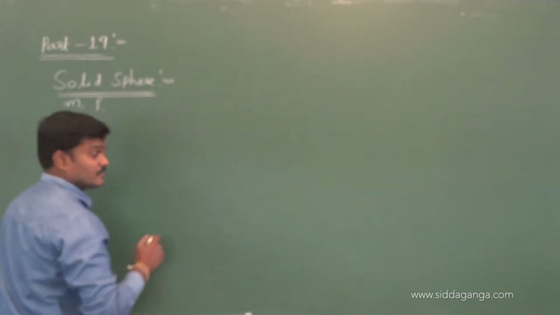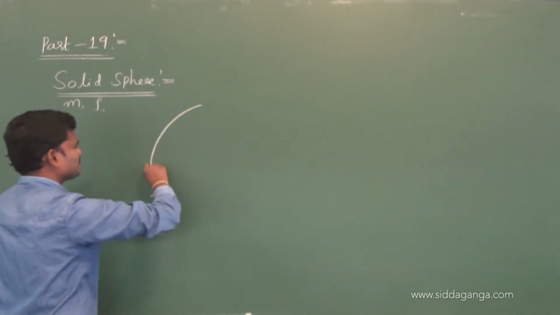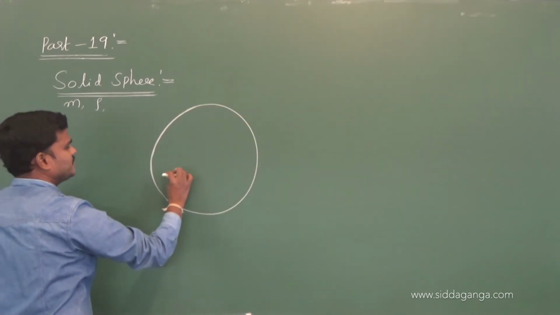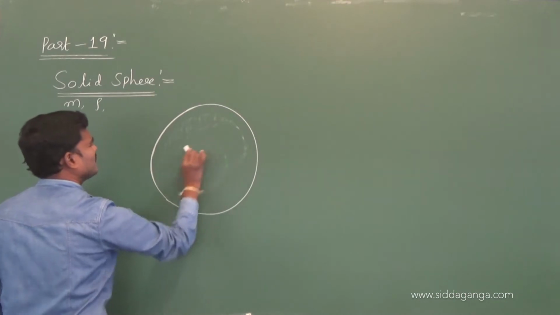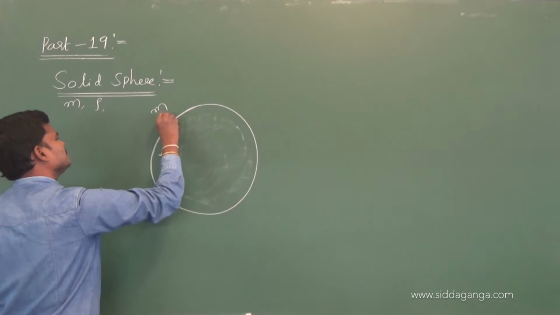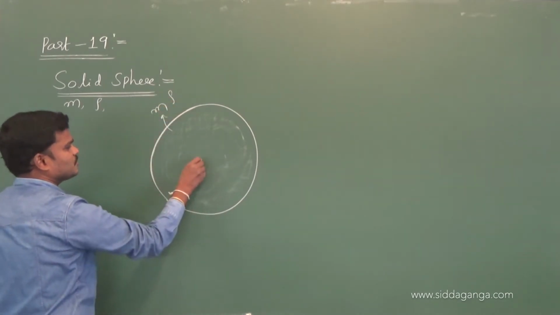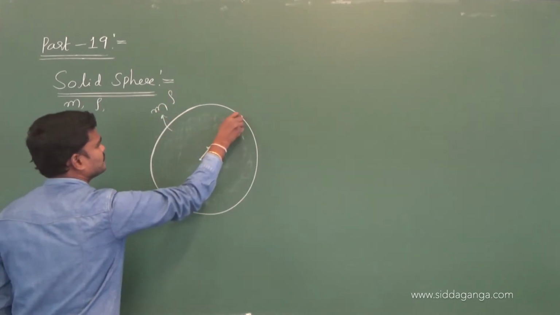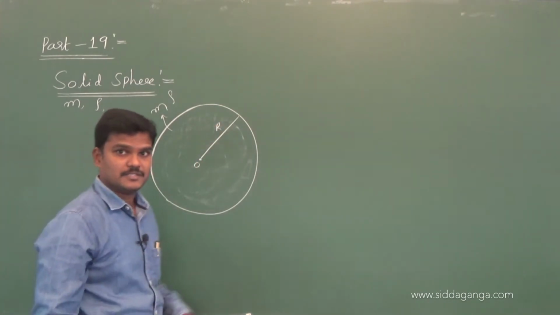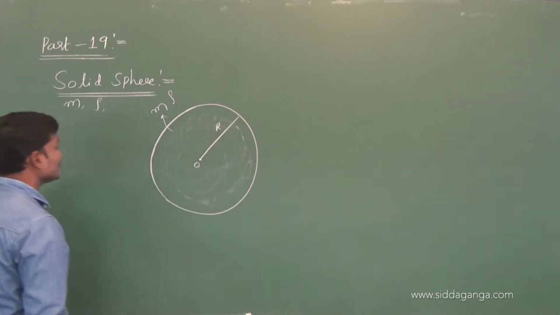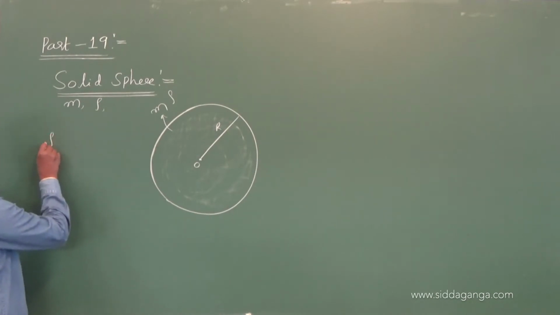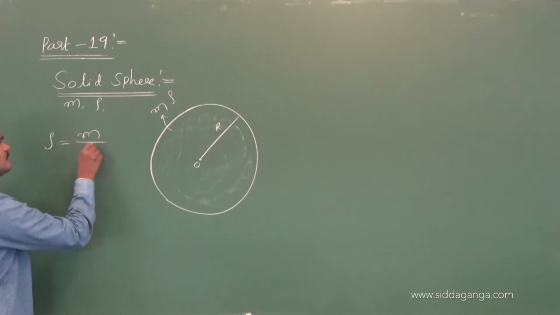Let us consider a solid sphere of mass m, whose density is rho. Let us suppose the radius of this one is capital R. For this solid sphere there is a volume density, which can be written as mass by volume.